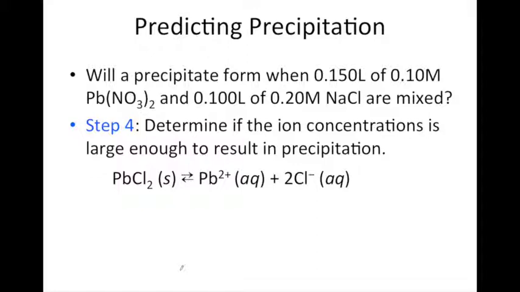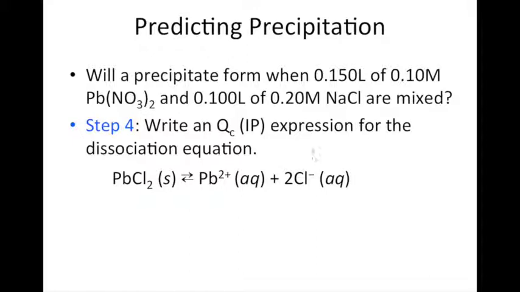So let's continue on with our problem. We know the concentration of lead and chloride ions in our new solution, our mixture. So determine if the ion concentration is high enough to result in a precipitation. How would we do that? Well, we need to write a QC expression.